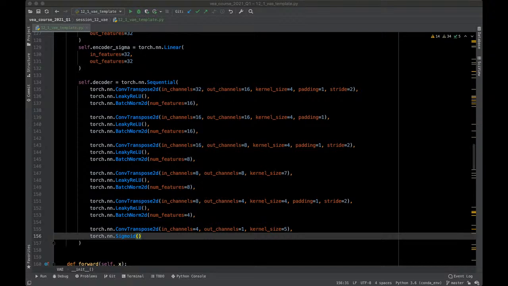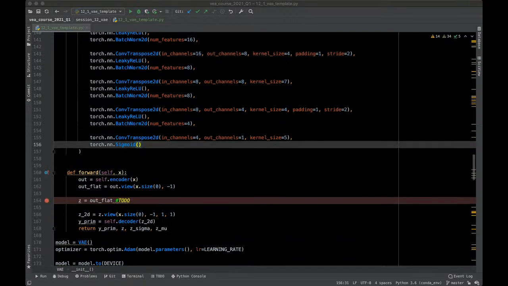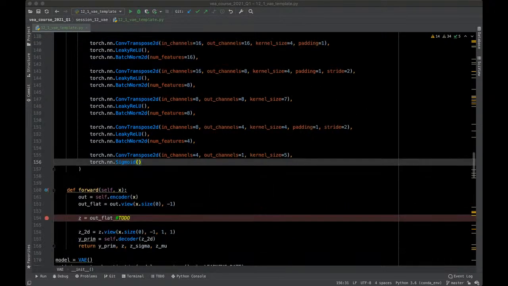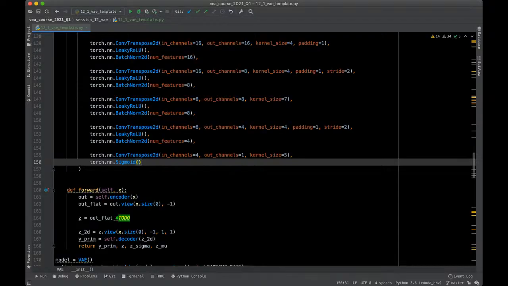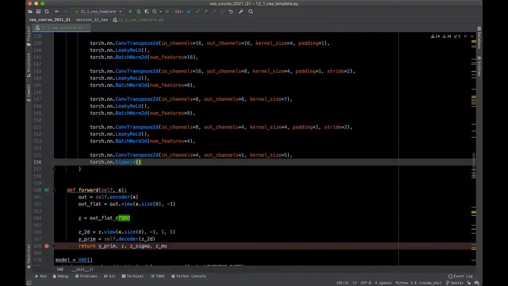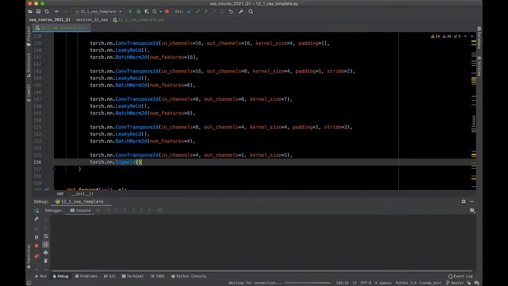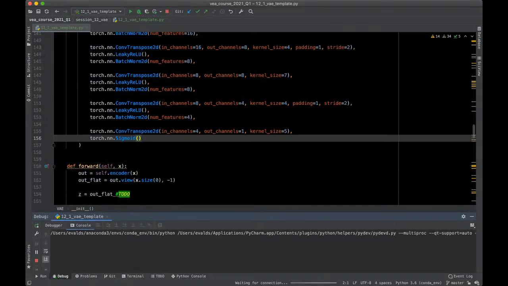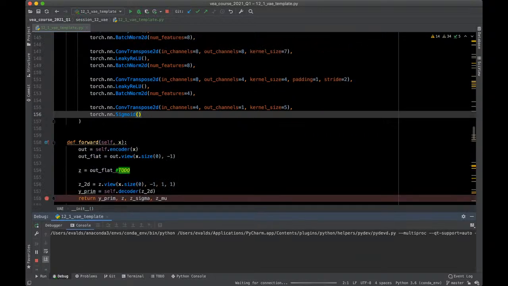Meanwhile, while I'm waiting for the answer, I will try out if the model works. So the out flat is here. Then we have this kind of z vector stuff here. Let's see, it should work. I don't see any answers in the chat. Hopefully I will get some answer.